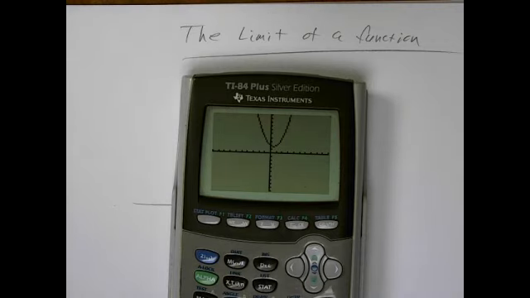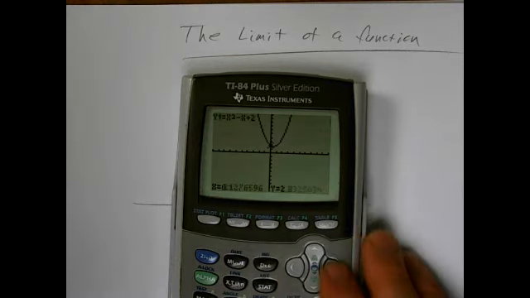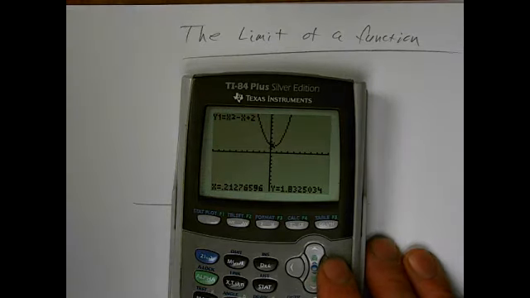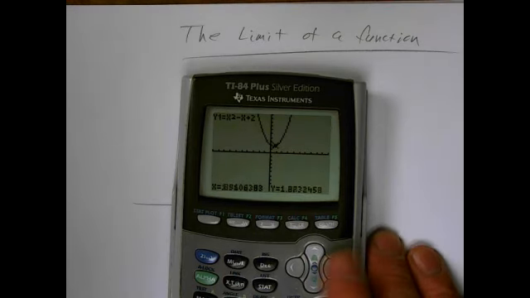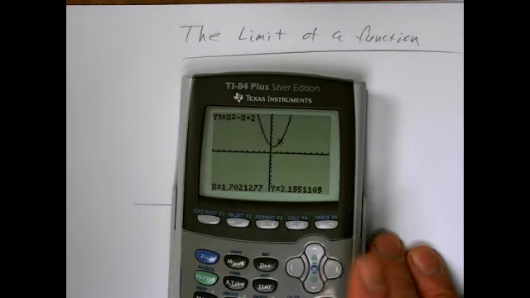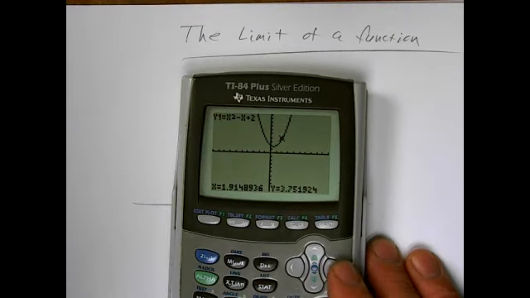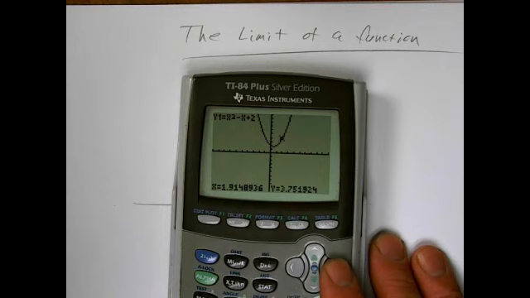I'll start off with using the trace option. Since I specifically said I want to know what this function is doing near 2, I'm going to start moving the x values closer to 2. So there I am at 1.9, and we see that the calculator is reading a y value of roughly 3.75 at that point.